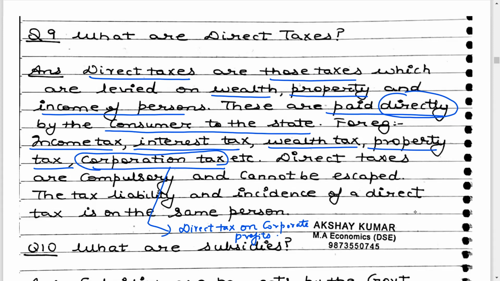Okay, wealth tax also all of you should be familiar with. What is wealth tax? Wealth tax is a tax levied on the value of the assets owned.